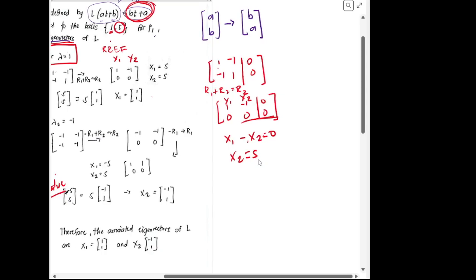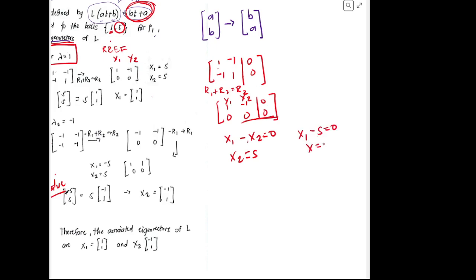Since we know that x sub 2 is s, we replace it here from our first equation above. We will now have x sub 1 minus s equals 0. Thus, our x sub 1 is equal to positive s.